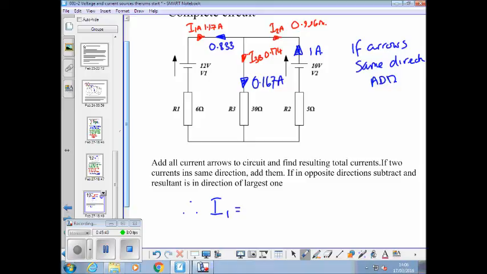We're going to end up with this being I1A minus I1B, that is 1.17 minus 0.833 equals 0.337 amps. Yeah?